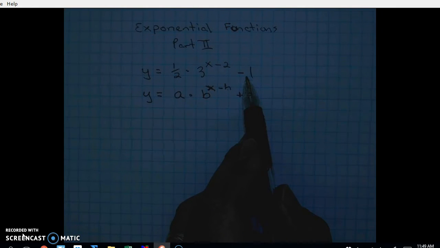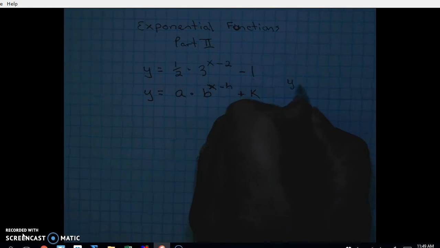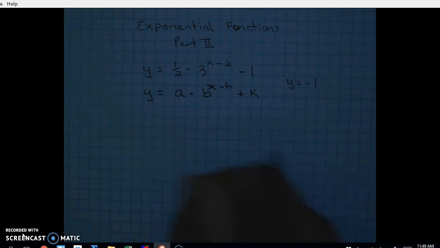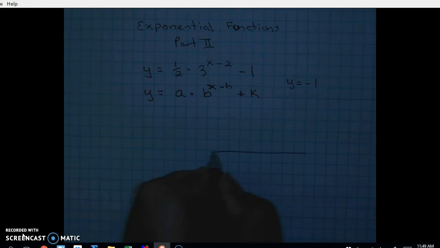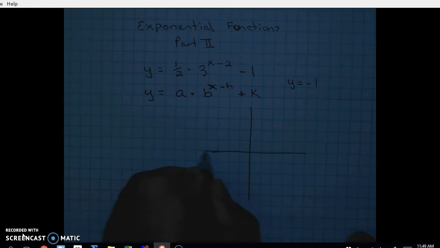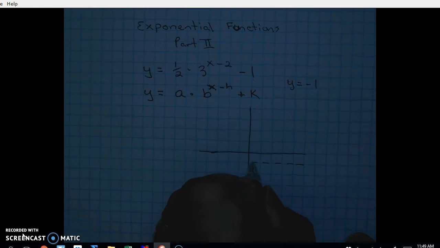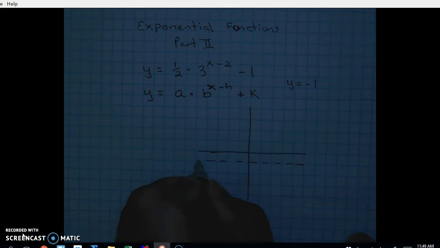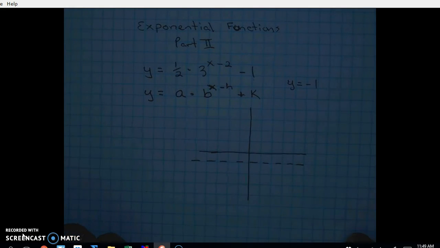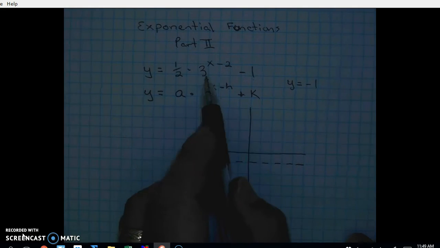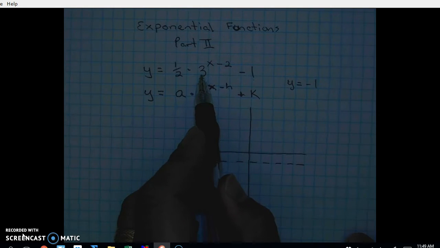So here we have a horizontal asymptote of y equals -1. So at -1, we have a horizontal asymptote. Okay, and again, our parent function is going to be 3 to the x.